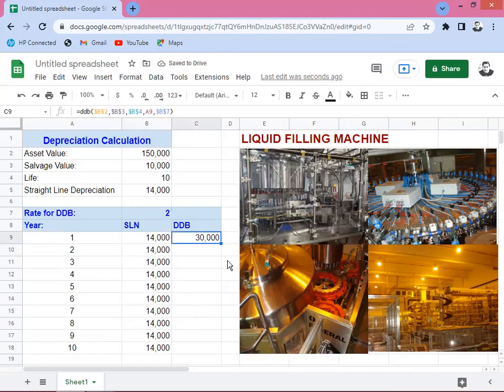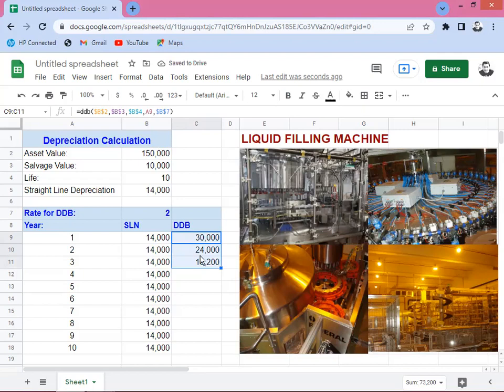Okay, so on the first year, in terms of the DDB method, the depreciation per year would be $30,000. That's a big amount of money. Let's say the second year would be 24,000. This is the method that we're following, double declining balance, and it becomes 19,000.